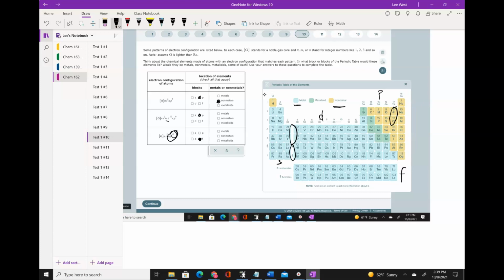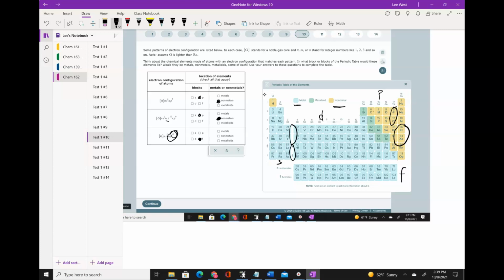The first 3 rows don't have any D's, right? So that cuts it down to there because we needed to have D's. But then rows 6 and 7 have D's and F's. So that cuts it down even further. So it's just those 2 elements, and both of those elements are nonmetals.